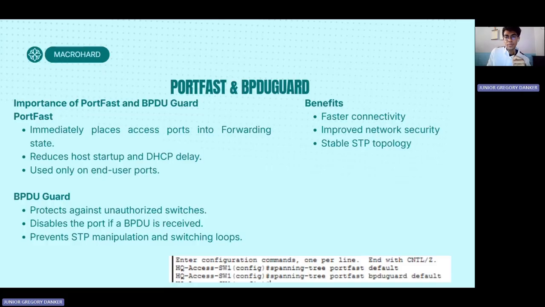The benefit is that it improves connectivity and network security while keeping our STP topology stable. We configure PortFast and BPDU guard as default on all the access ports. This will prevent unauthorized switches from being connected and protects the spanning tree topology.